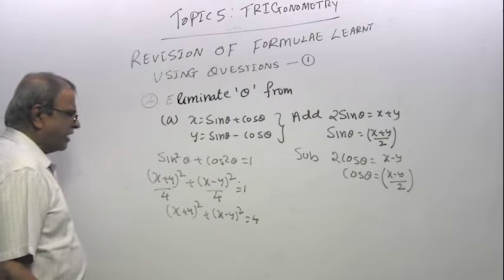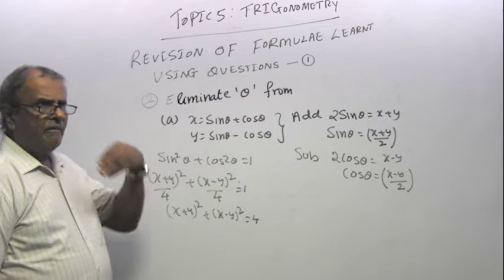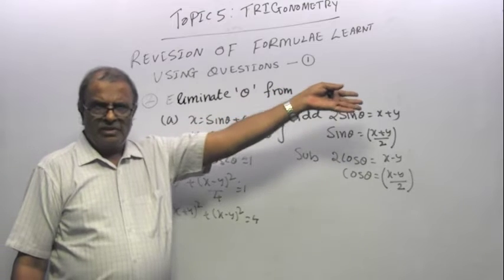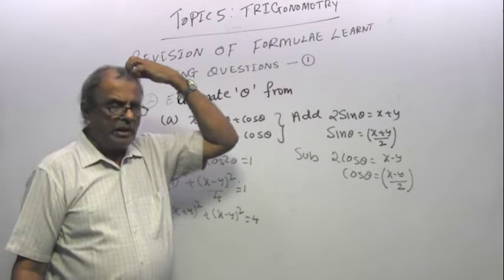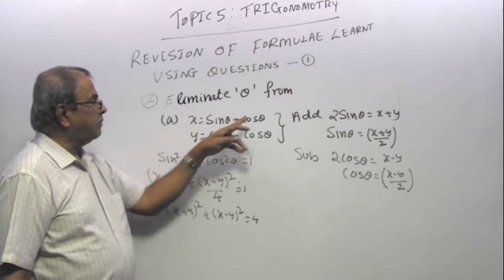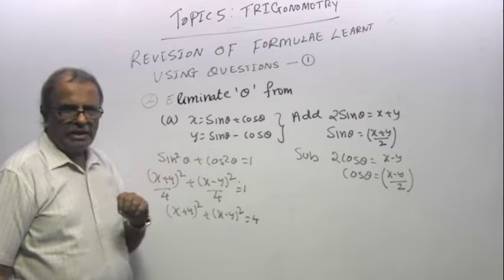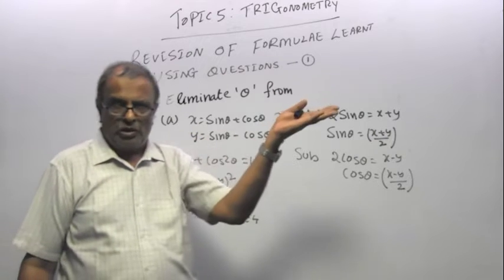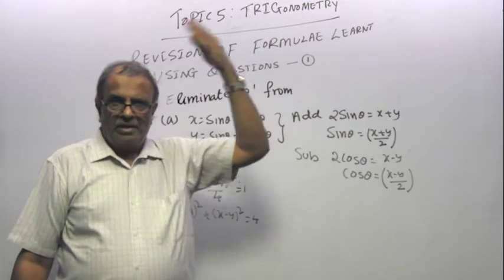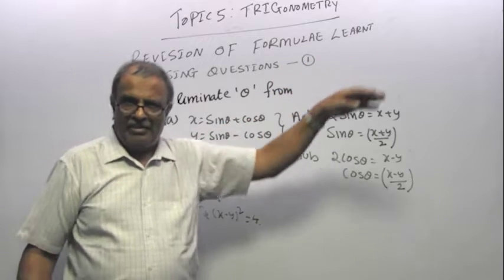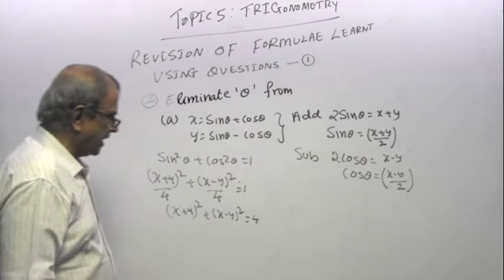You might be wondering, sir, why are we doing this? When you do parametric equations, the question could as well be, if x equal to sine t plus cos t, y equal to sine t minus cos t, 0 less than t less than pi over 2, show that the Cartesian equation is blah blah blah. That's why.